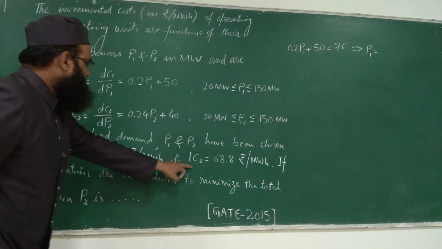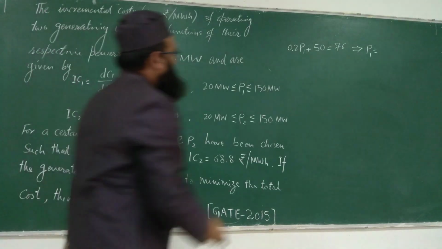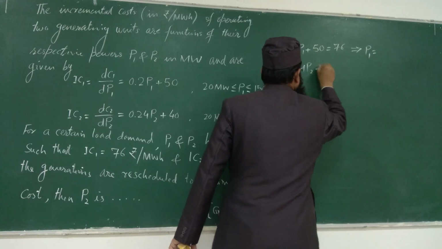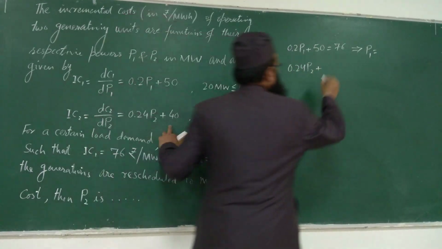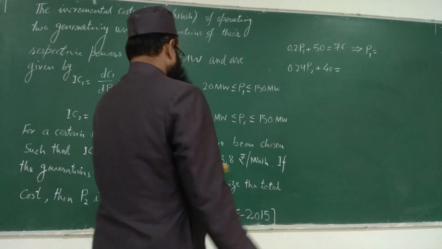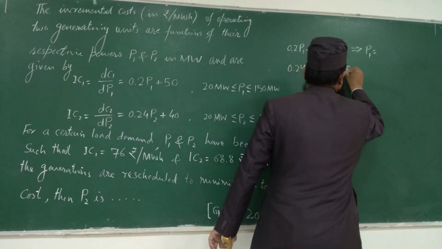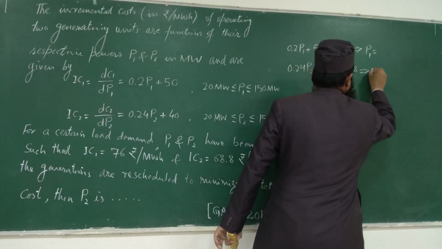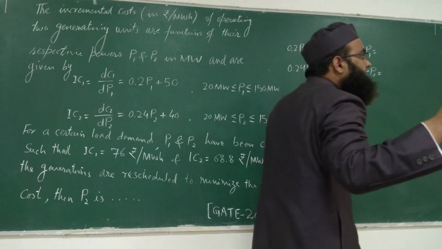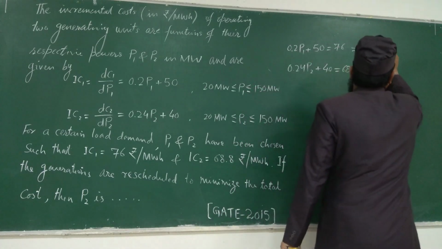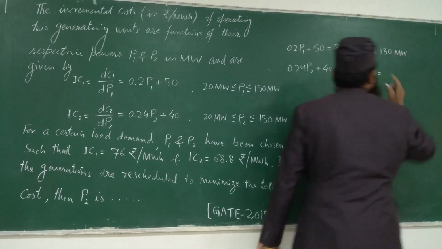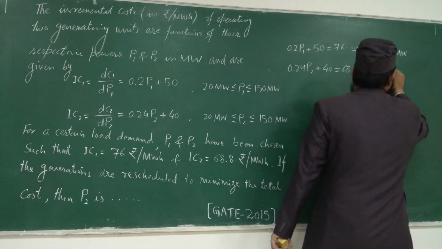Similarly, IC2 is 0.24 P2 plus 40 equal to 68.8. This implies P2 is equal to, tell me the value. P1 is 130 megawatt, and P2 is 120 megawatt.